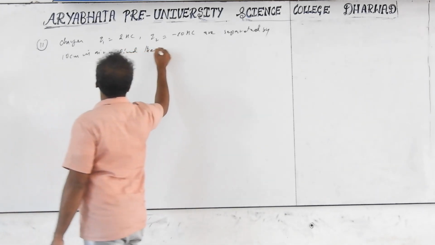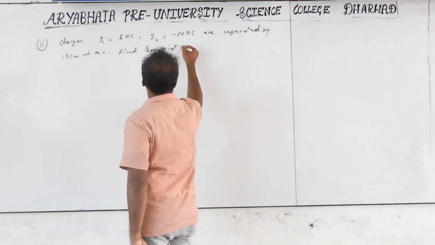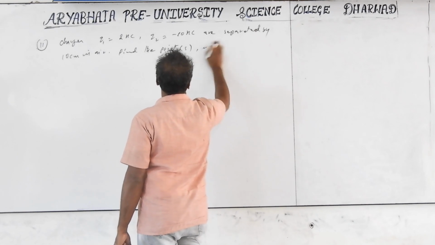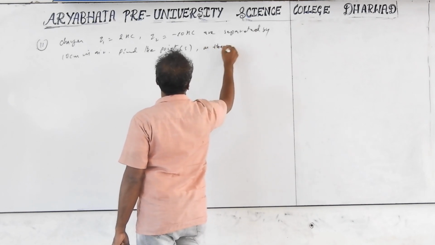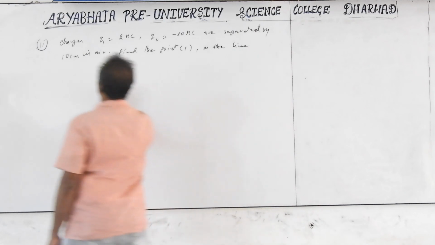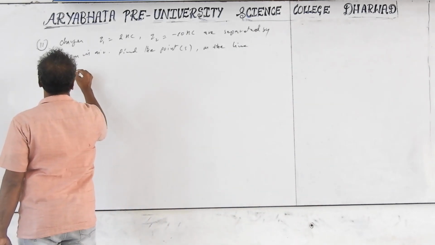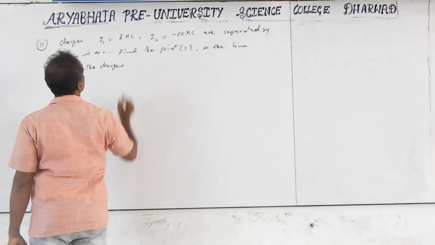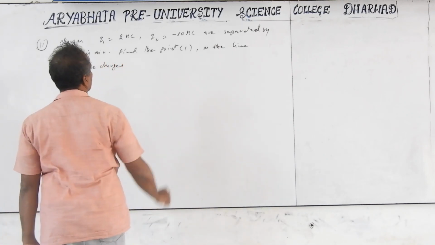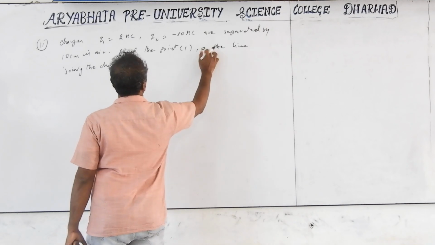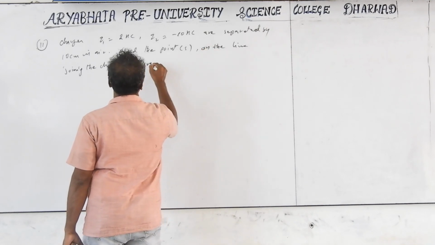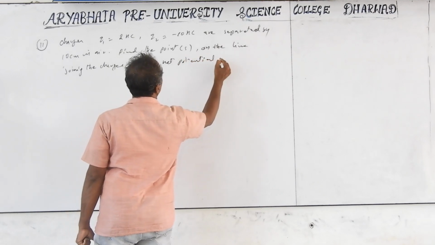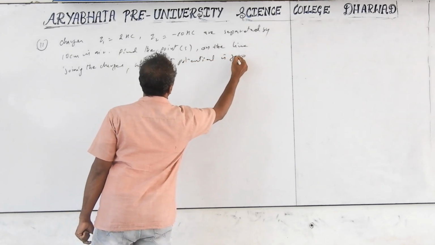Find the point or points on the line joining the charges where the net potential is 0.